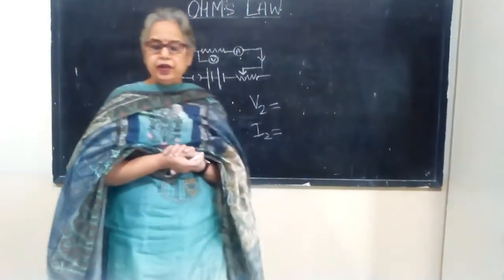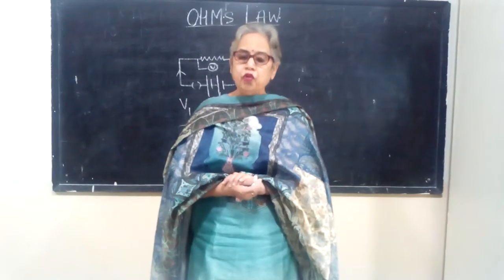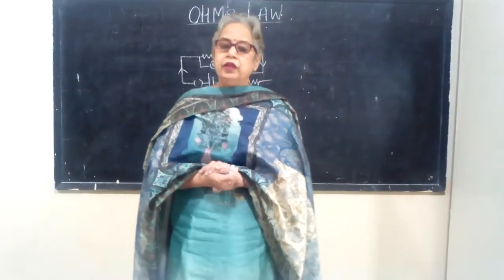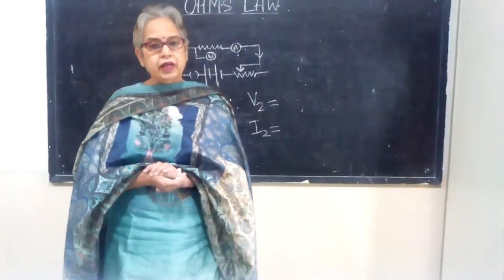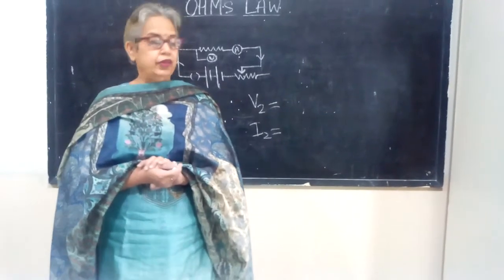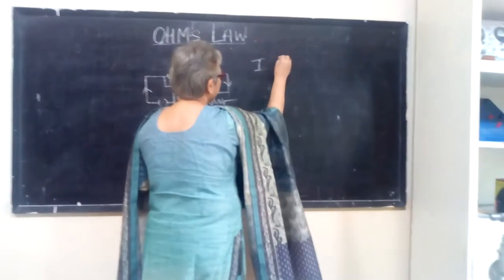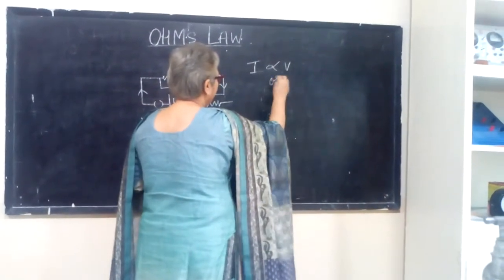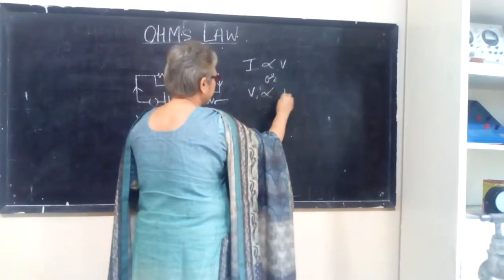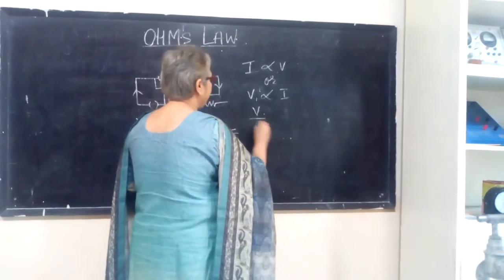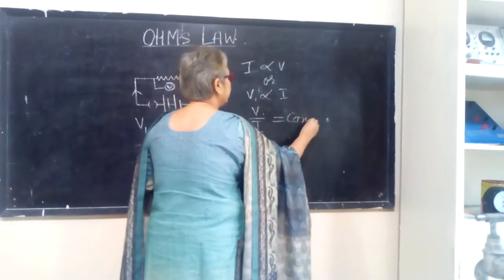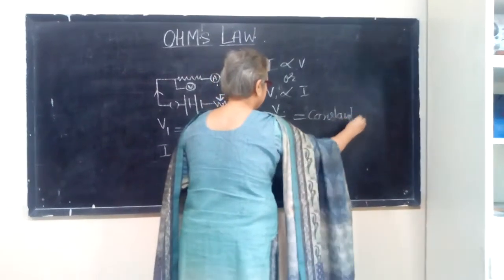So in this way we will be taking 4 readings of current as well as potential difference. So according to the law, I is proportional to V or V is proportional to I, and V upon I is equal to a constant.